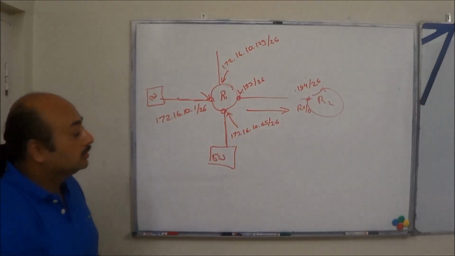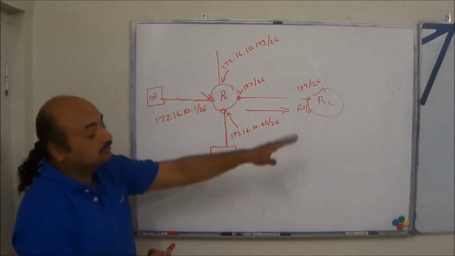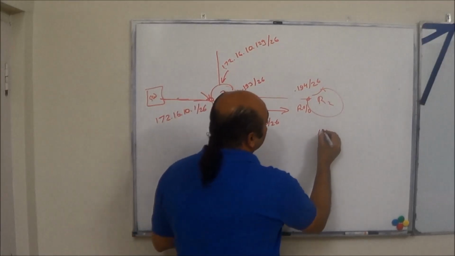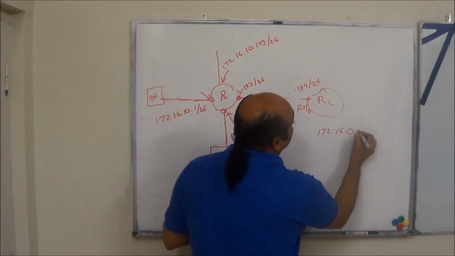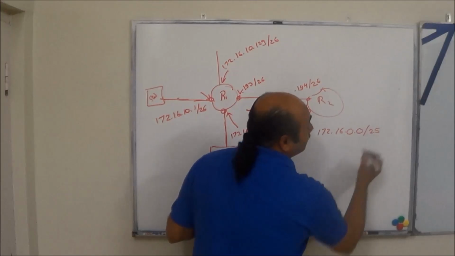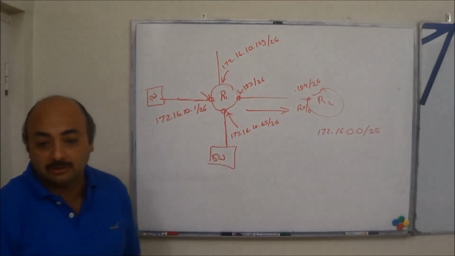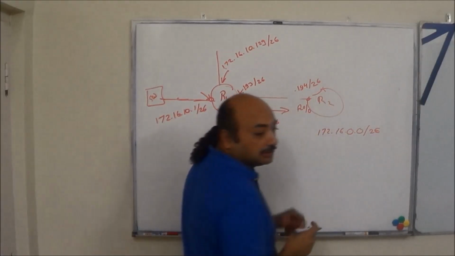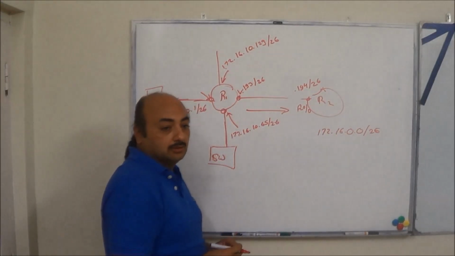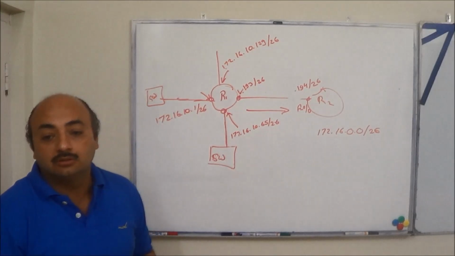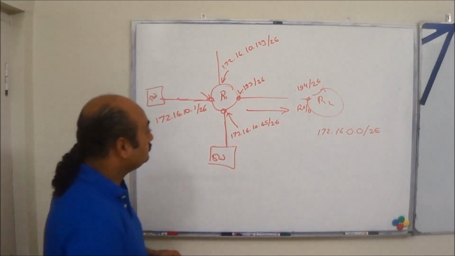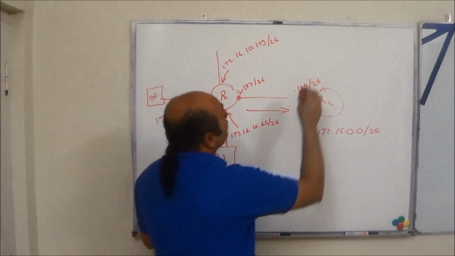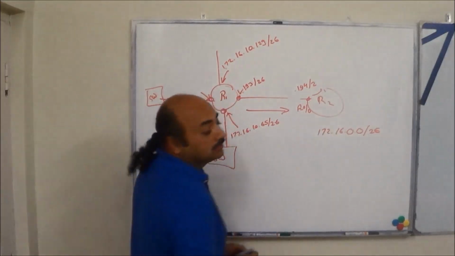Alright. So in this case, what will it interpret? It will say that the network 172.16.0.0/26 is subnetted, four subnets. One is directly connected and three are not. Now, just in case I change only this.